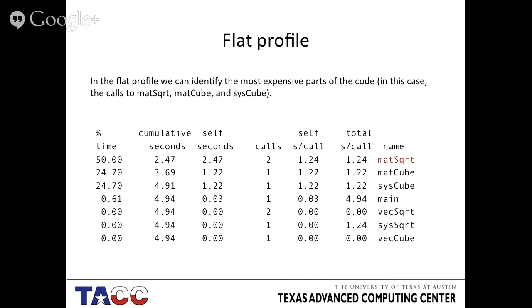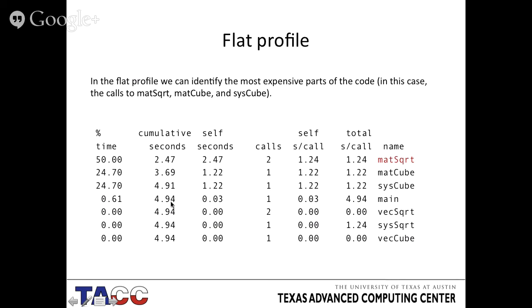You also have the cumulative seconds and the self seconds. The difference here is that self seconds is the time that is spent in that particular function. Cumulative is the time spent on that function and all the functions called from it. That's why you see here the main has a cumulative value of 4.94.